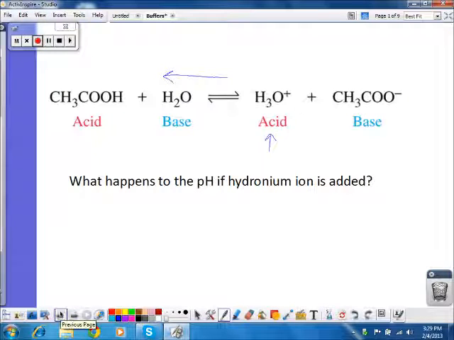So when we look at this equation, if we just put acetic acid in water, remember the amount of acetate produced and hydronium produced is very small in relation to the amount of acetic acid I started with. But if I make a solution where I have both acetic acid and acetate in significant amounts, which means I put them both in one container at the same time, then I form a buffer solution.